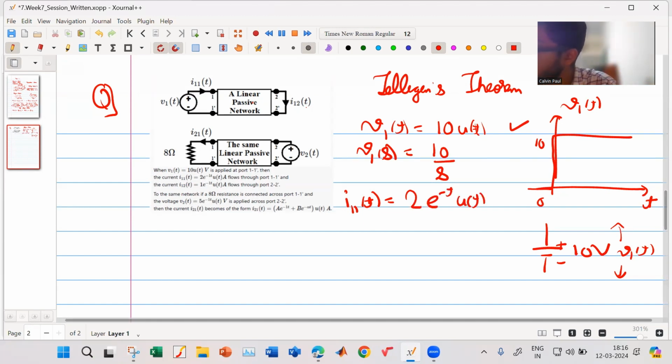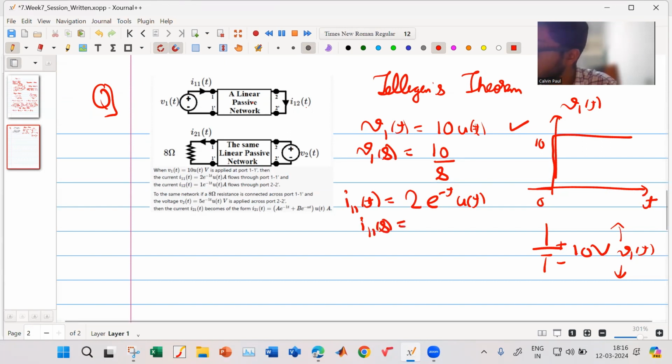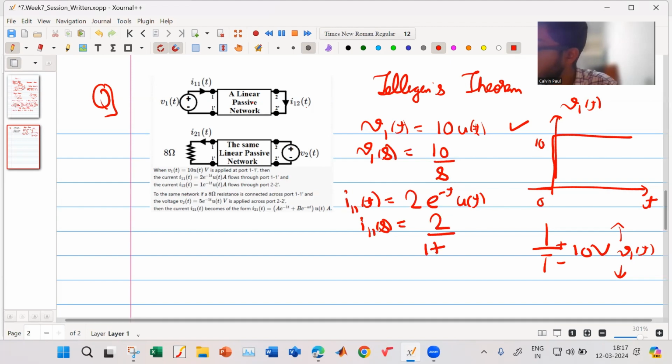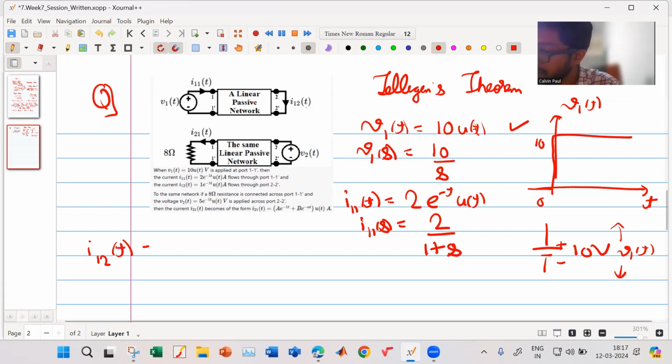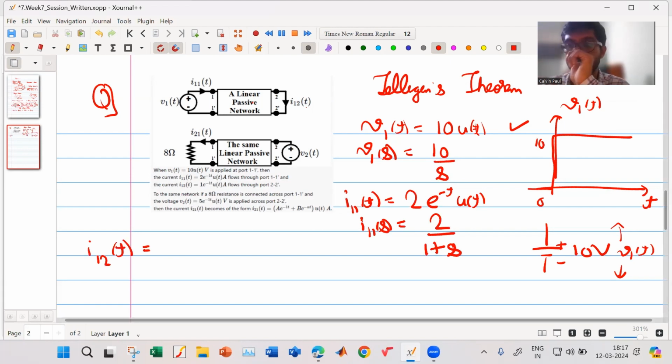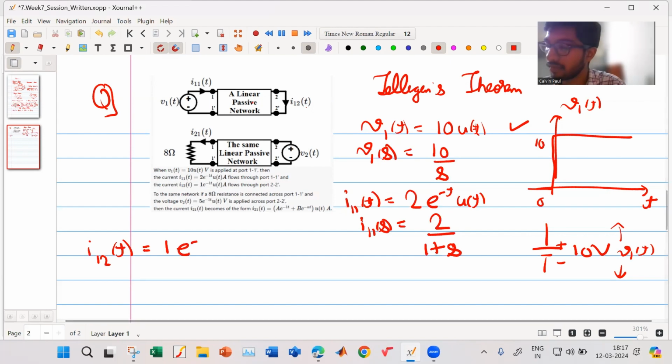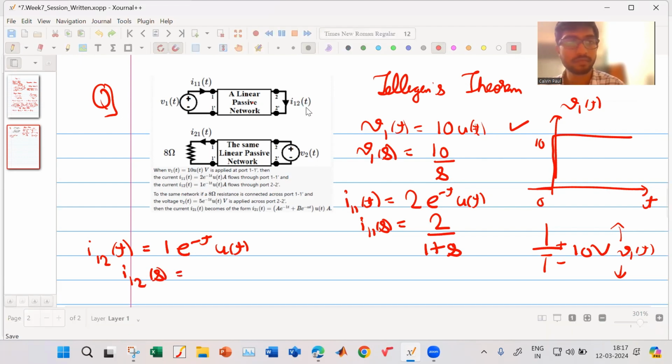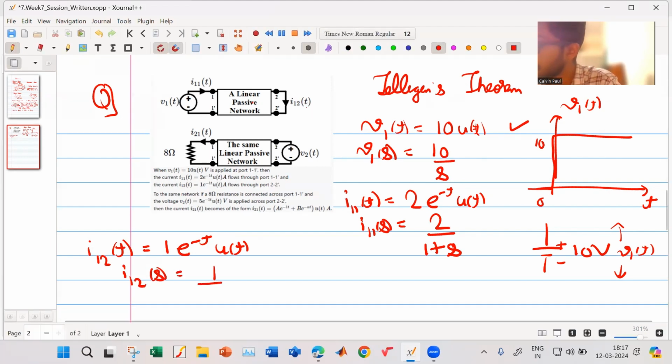So what is I11 of s? 2 by 1 plus s. Now what is I12 of t? 1 into e power minus t u of t. So what is I12 of s? 1 by 1 plus s.